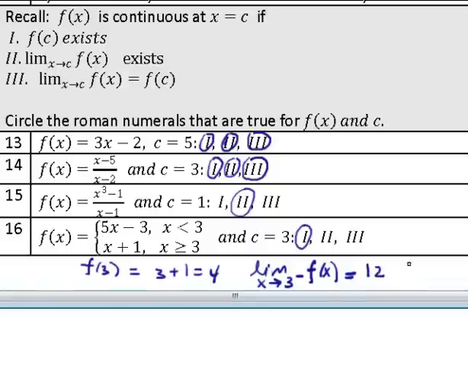Okay, and that's not equal to the limit as x goes to 3 from the right of f of x, which is equal to, substitute in 3, 3 plus 1 or 4. Okay, so the limit doesn't exist. So 2, we're not going to circle. And for that reason, we can't circle 3. The limit doesn't exist, so it certainly doesn't equal f of c. So only number 1 is circled over there.